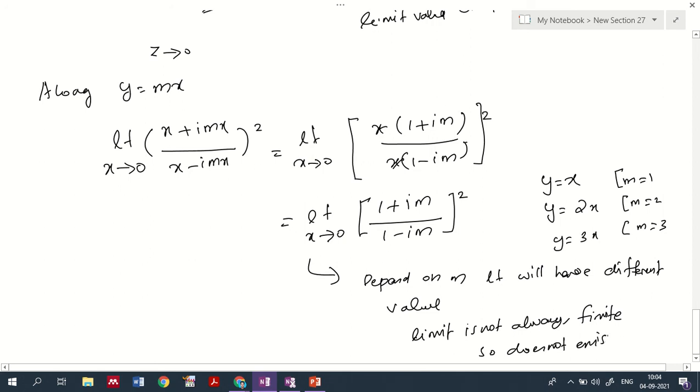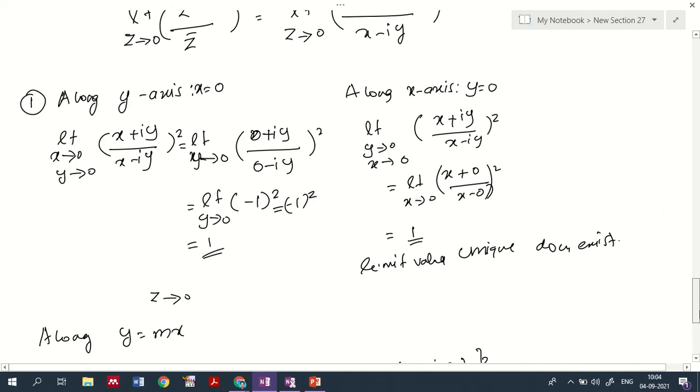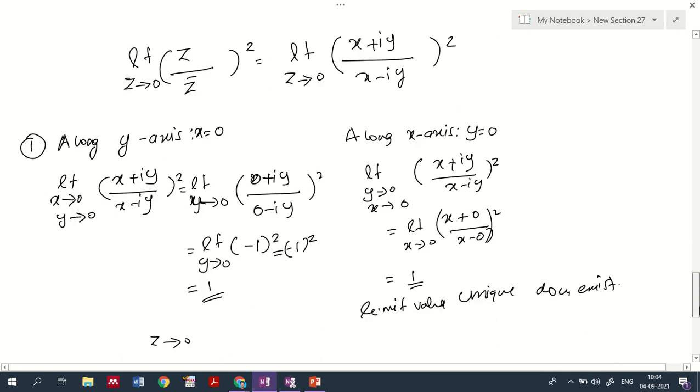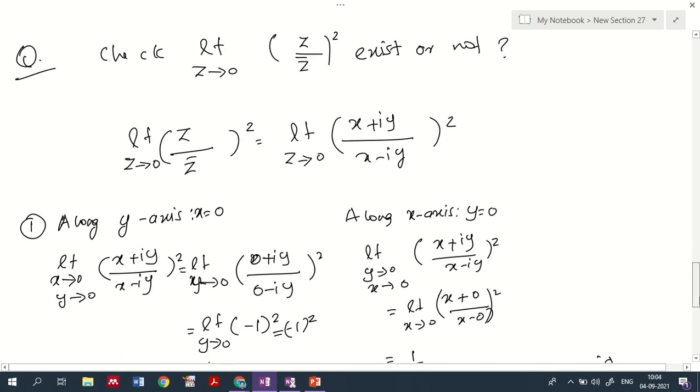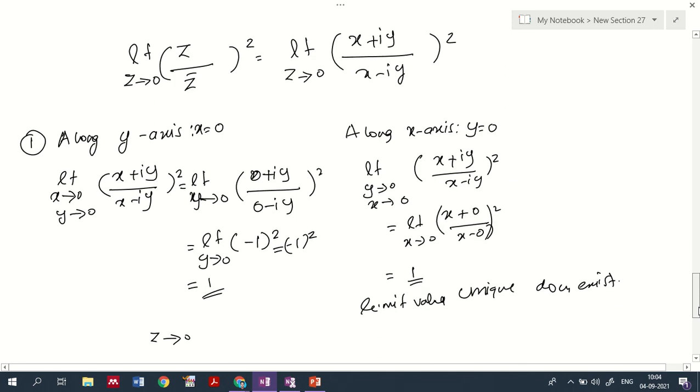This is how you have to address any function you are given; the existence of a limit will be checked like this. First you have to check along the y-axis and along the x-axis. If in both cases you get the limit having a unique value, you should not say directly that it exists.